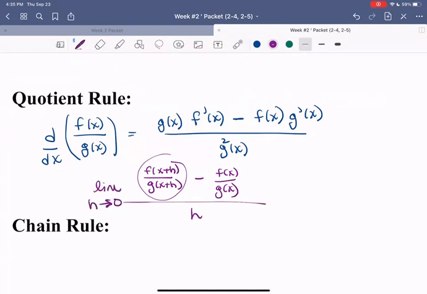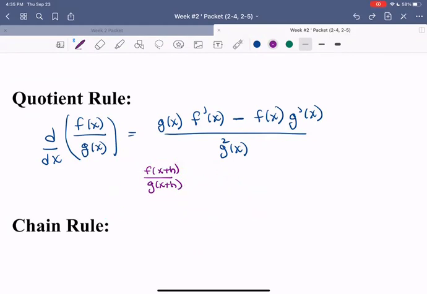If you were to compute this big limit, what you would get in the end is this function. So if you're curious, I'd suggest you maybe Google around. You could find a proof of that, or feel free to email me and I'd be happy to work through that with you or create a video to show you how that is derived. But that's where these are coming from. So it's not just coming from nowhere. It's coming from using that limit definition.